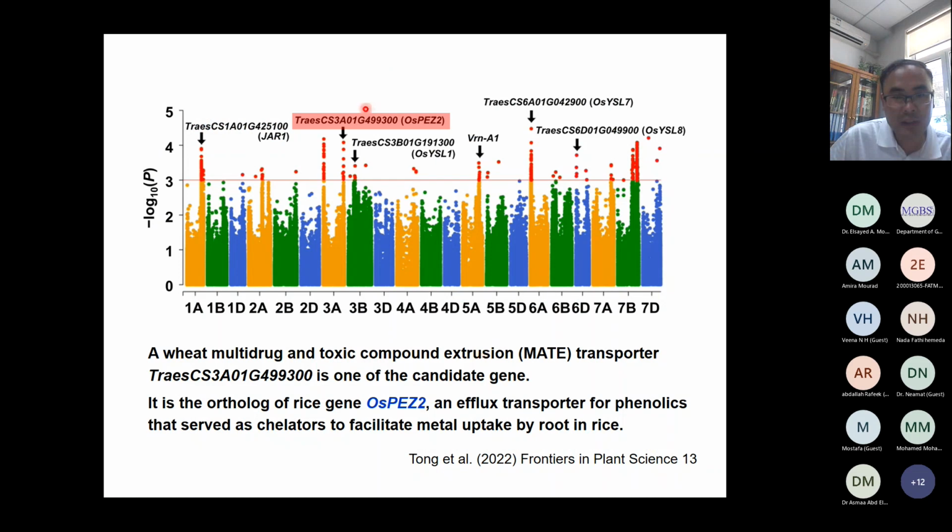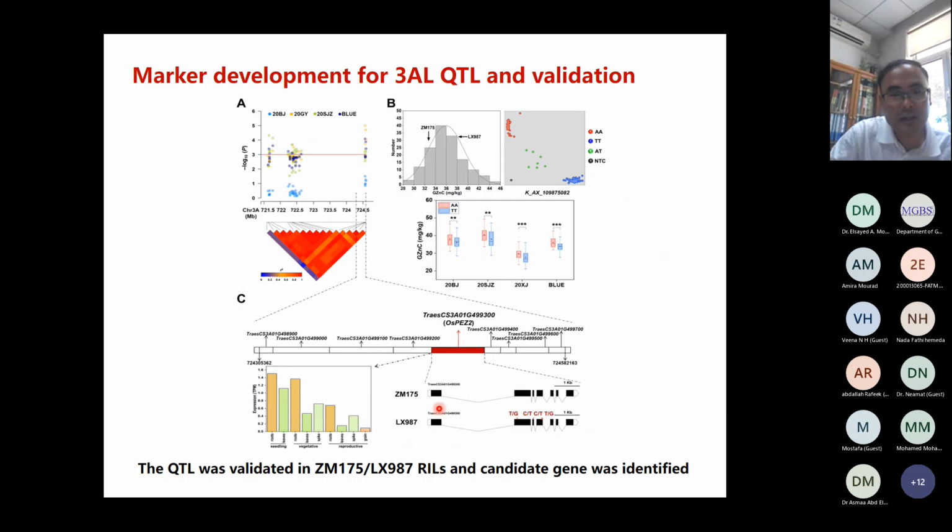Take this one on chromosome 3A: it is the wheat multidrug and toxic compound extrusion transporter gene, one of the candidate genes. It is an ortholog of the rice gene OsPEZ2, which is related to iron transportation. We validated this gene using a biparental population, the ZM175 and LX987 RIL population.